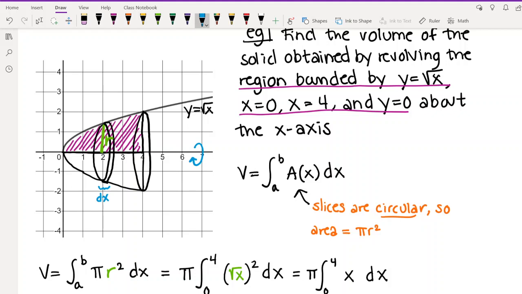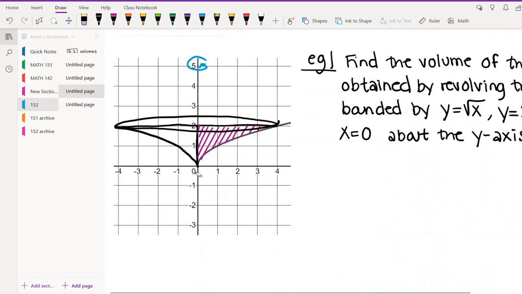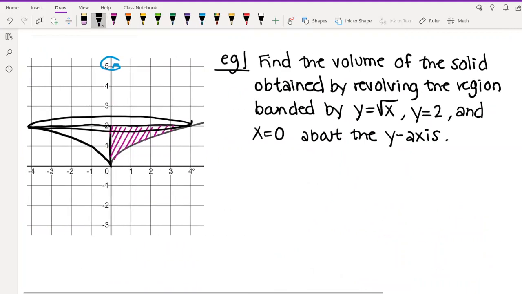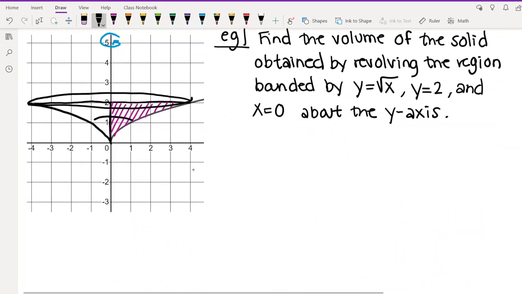That was where the fact that we were integrating with respect to x came from, because the thickness of the slices was measured horizontally. It's a change in x. Whereas if we look at this example, now if you look at a sample slice and measure its thickness, that thickness would actually be delta y, or dy, right?